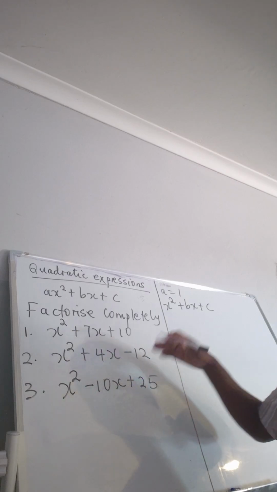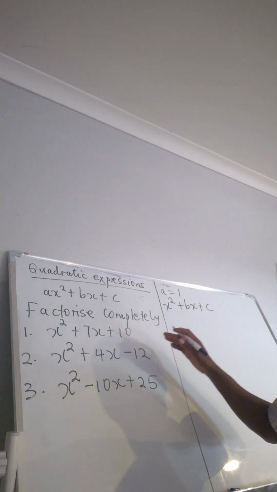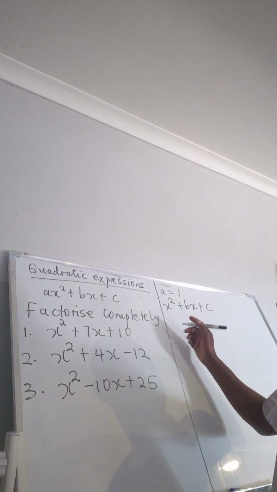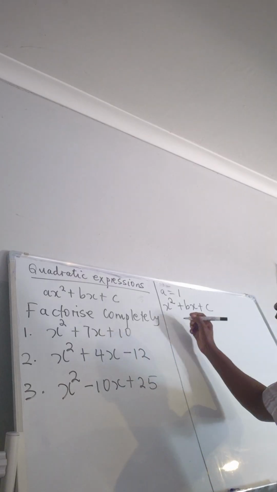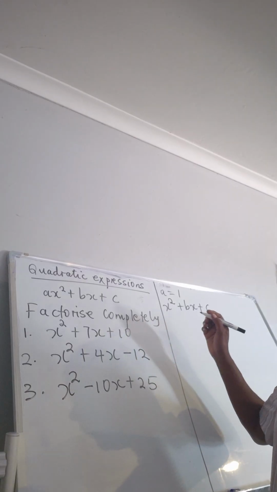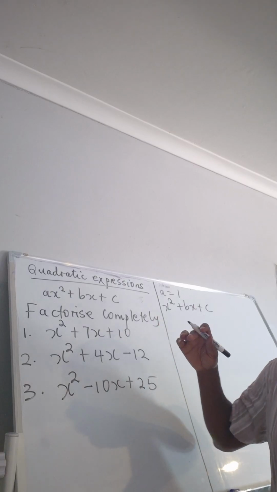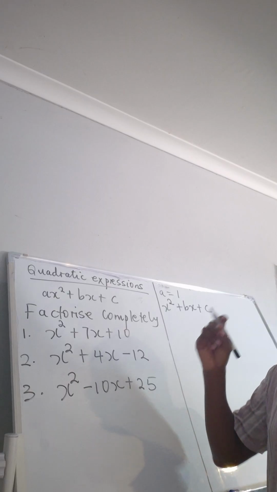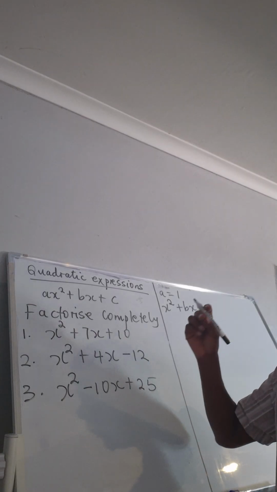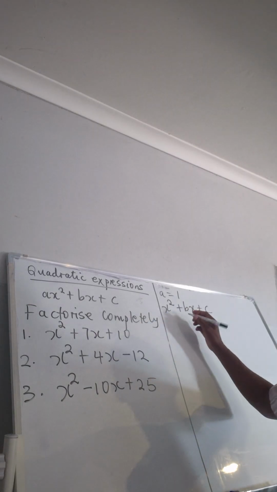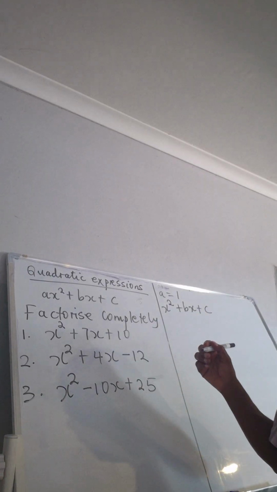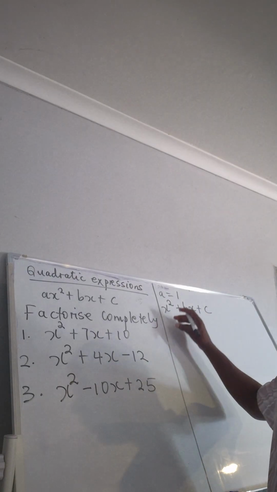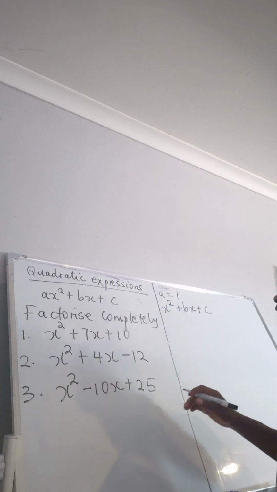I have three expressions here. When we say factorize completely, we mean you must write your expression in its prime factors, as we said earlier. Express it as a product of its prime factors.